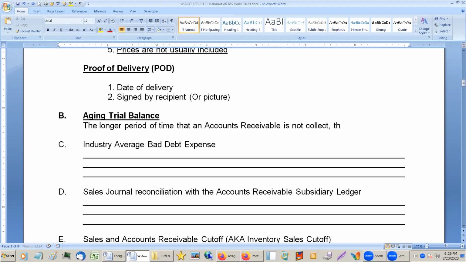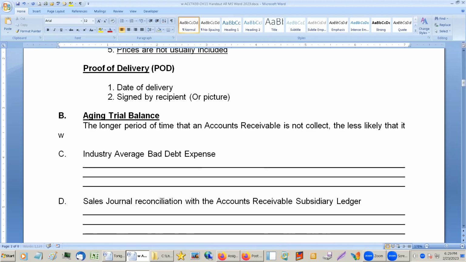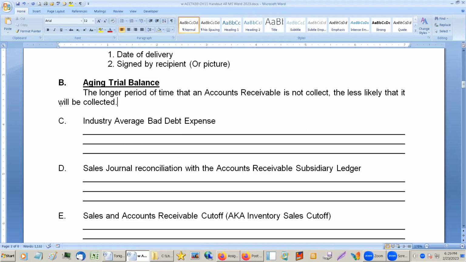This is terrible writing. So, the longer the period of time that accounts receivable is not collected, the less likely that it will be collected.